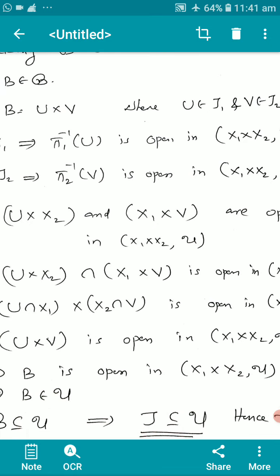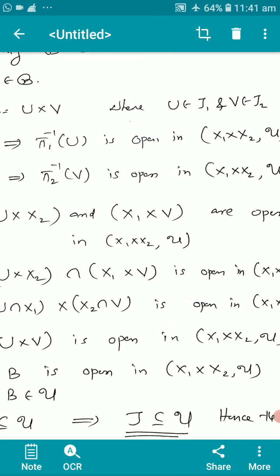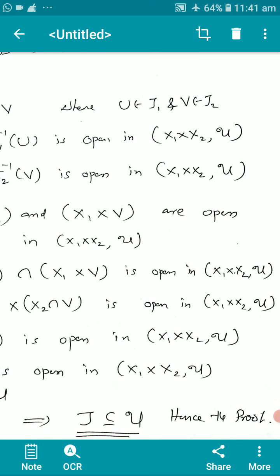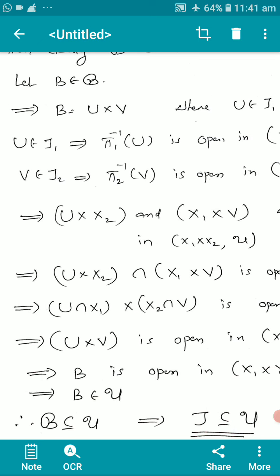So the intersection u cross x2 intersection x1 cross v is again open in x1 cross x2, U.